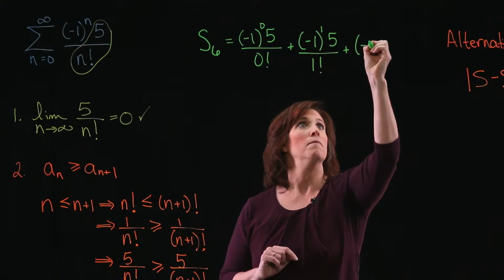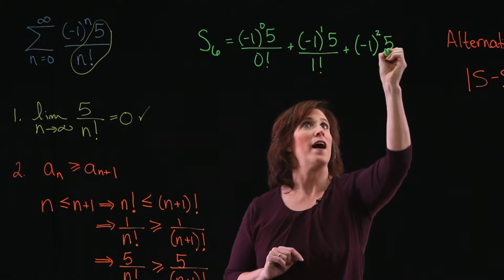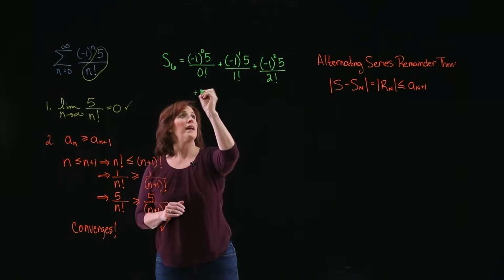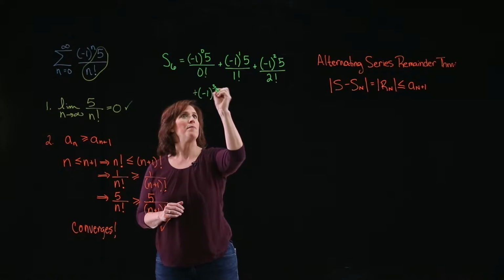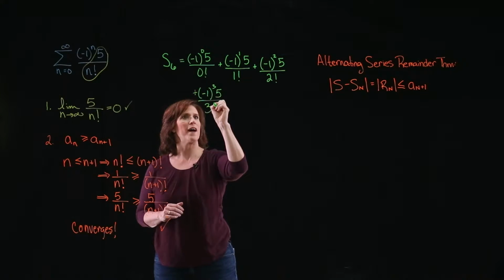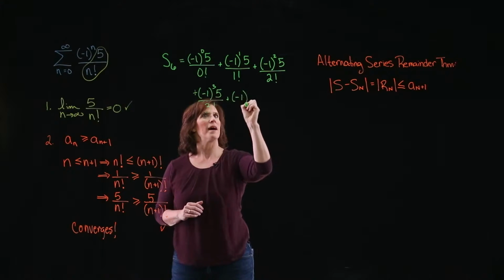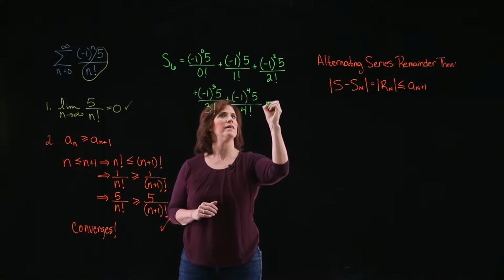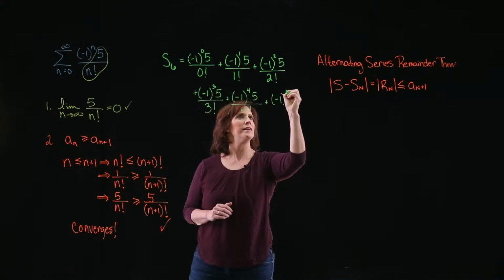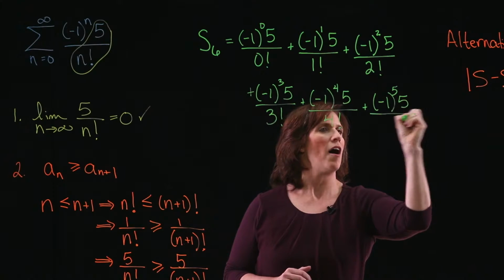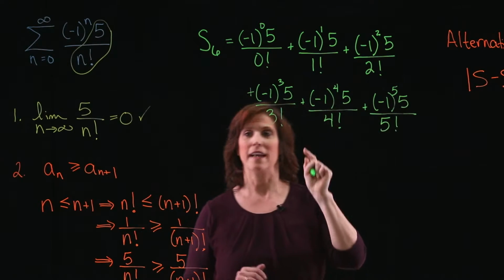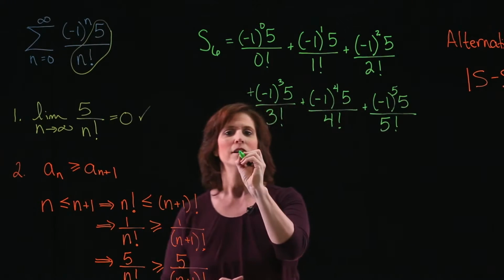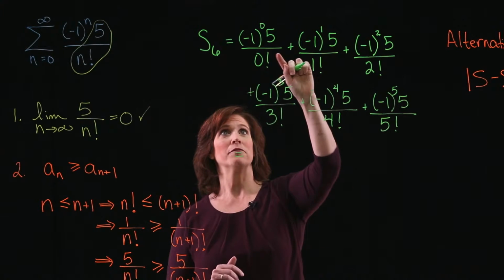Then I'll add minus 1 squared times 5 all over 2 factorial, plus minus 1 to the third power times 5 all over 3 factorial, plus minus 1 to the fourth power times 5 all over 4 factorial, plus minus 1 to the fifth power times 5 all over 5 factorial. Now let me just check here. 1, 2, 3, 4, 5, 6. I have 6 terms. So now I can do some simplifying.